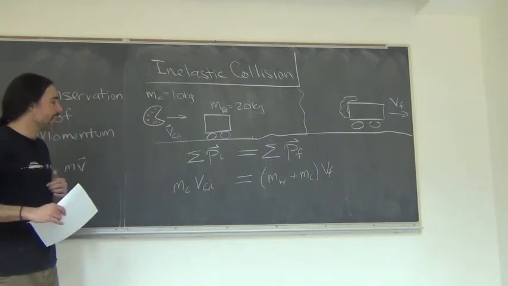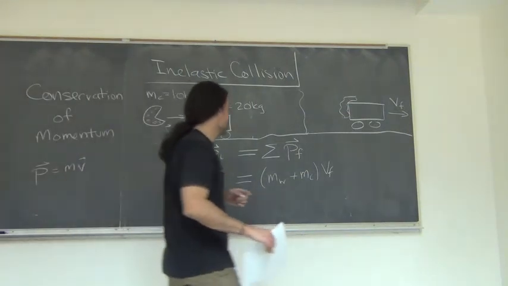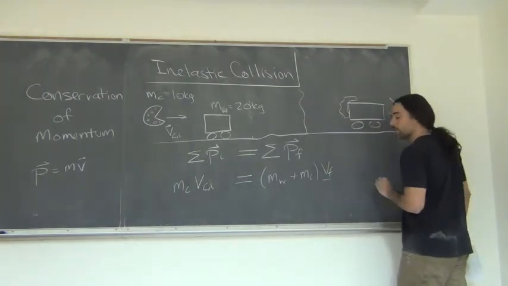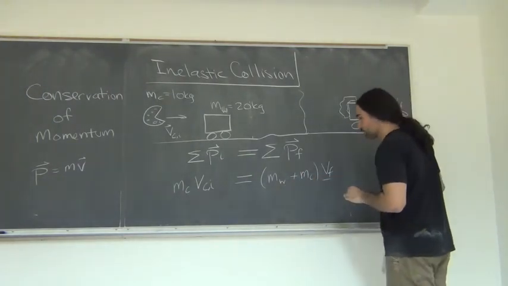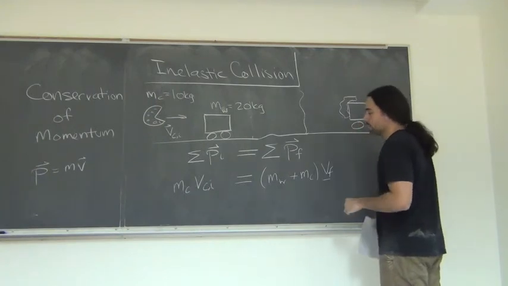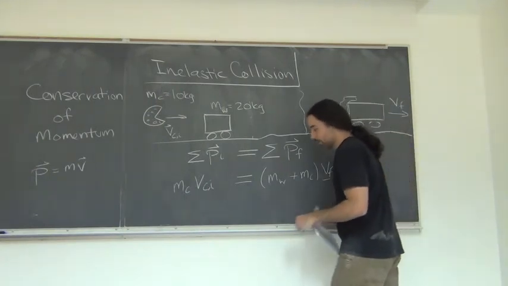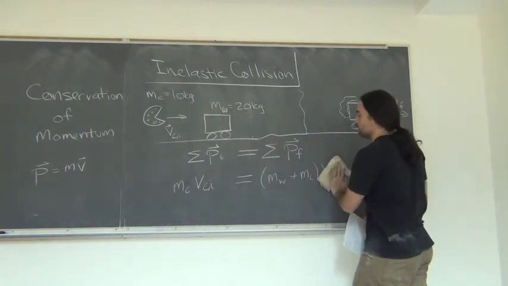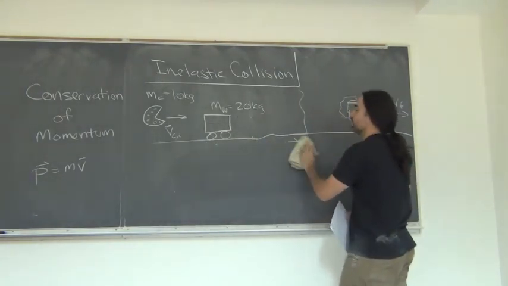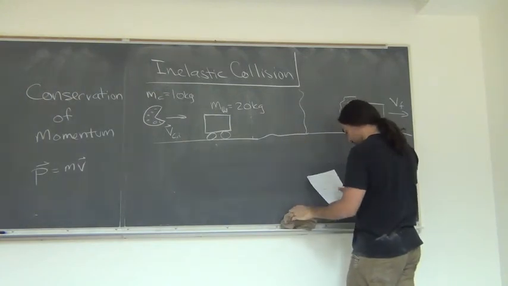So let's do that now. All we have to do to solve for Vf is move these two masses over to the other side. So I've got to give myself a little bit of room here. Erase this and then go from there.